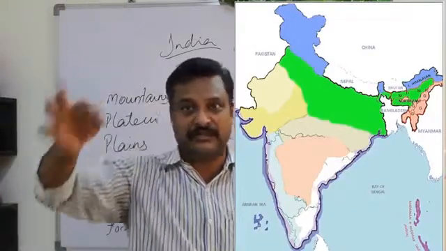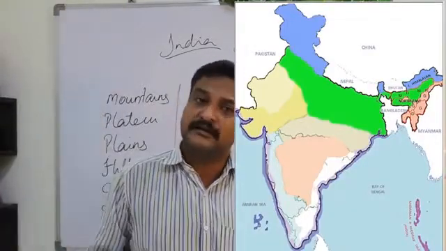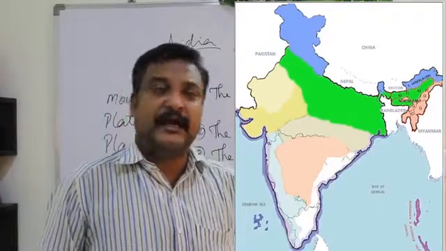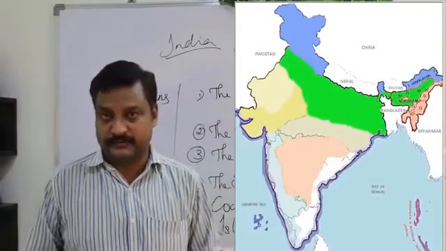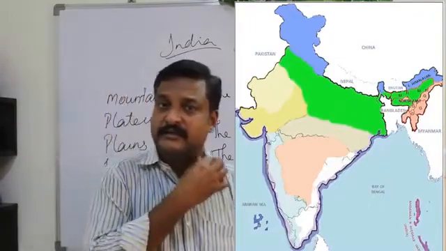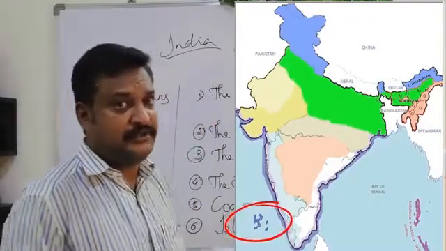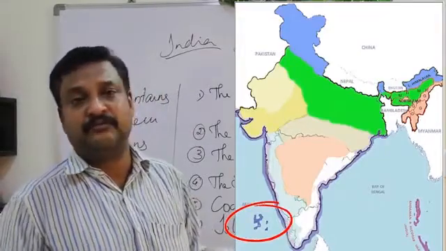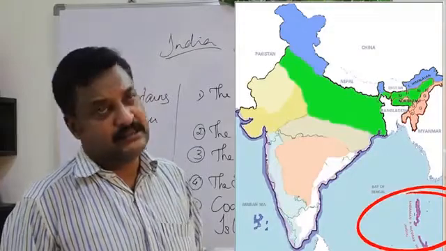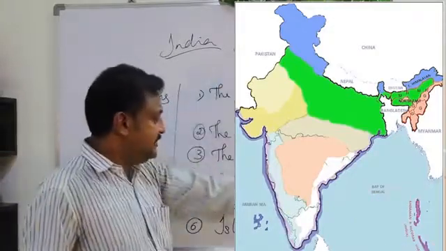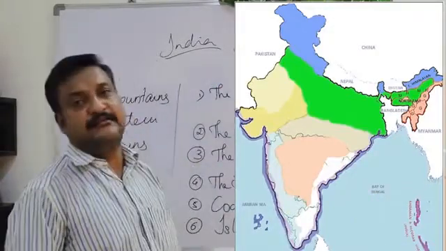It's a chain of islands. And in the west, in the Arabian Sea, we have Lakshadweep. Right? In the Arabian Sea, we have Lakshadweep, and here in the Bay of Bengal, we have the Andaman and Nicobar islands. So these are the major physical divisions that we have in India.